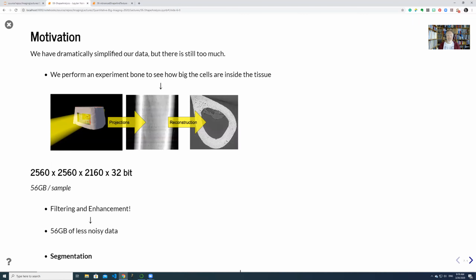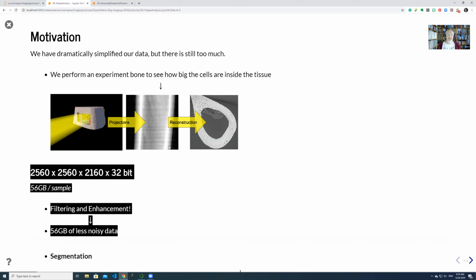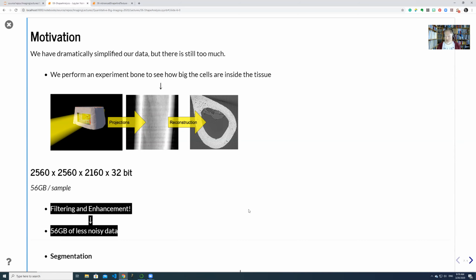So again, we come back to this slide that you have seen a couple of times. We start out with some imaging experiment, producing a lot of data, and we do some enhancement on it, still get a lot of data, and so it continues. Let's see if I can convince this one to slide.